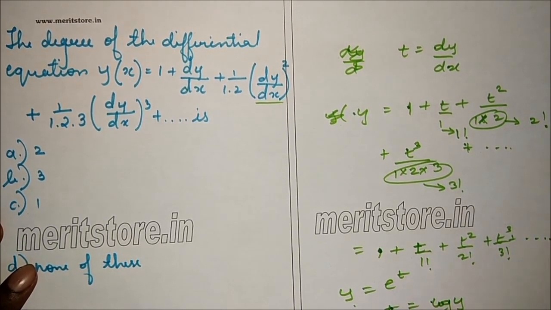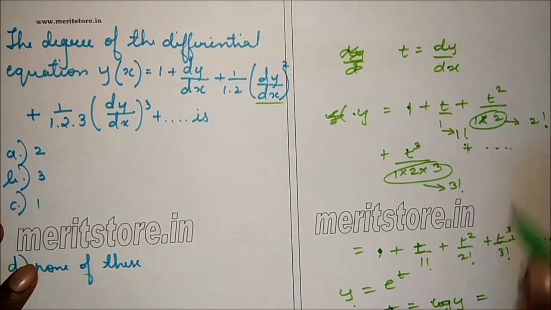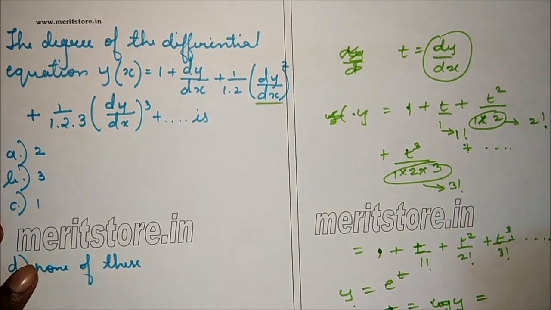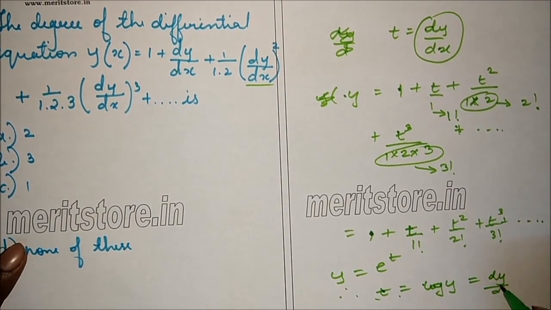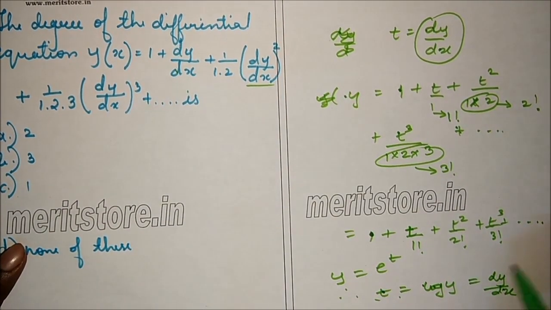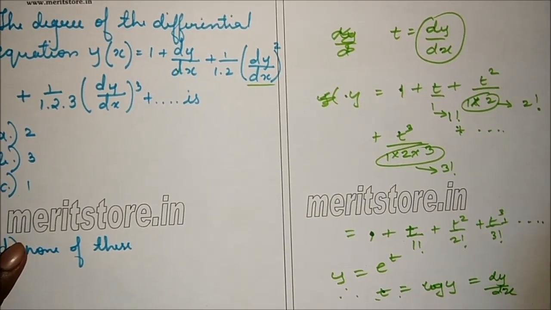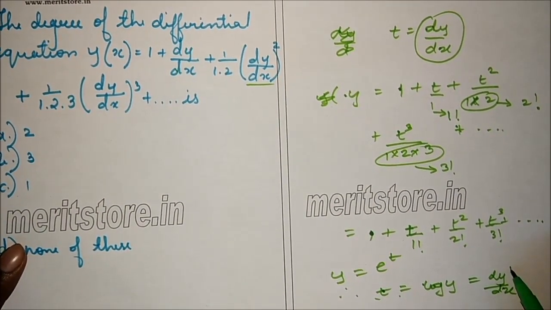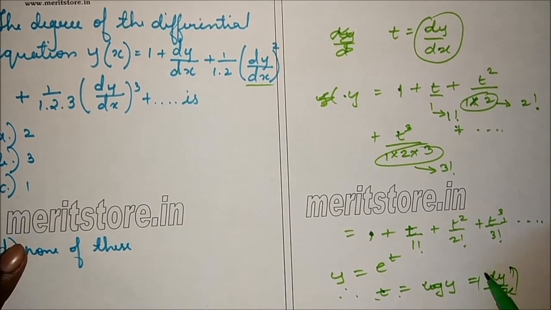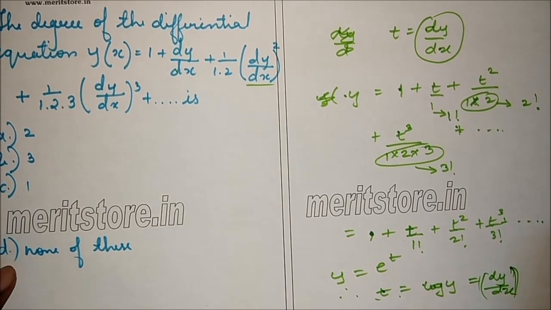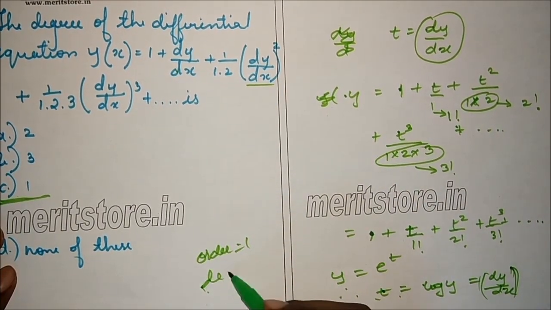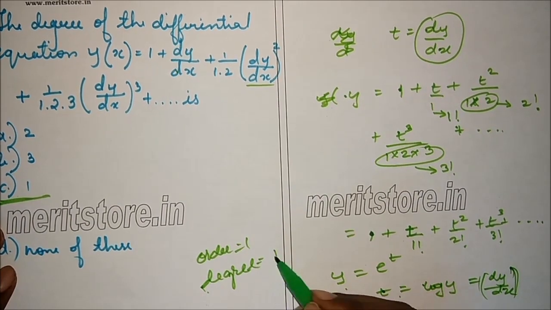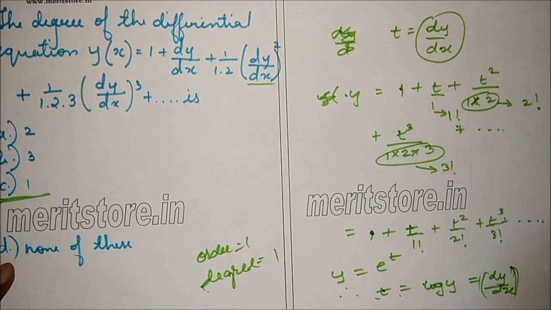Since t is log y, and t was dy/dx, log y must be equal to dy/dx. So here the highest order of the derivative is 1, and the power of this order is 1, so the degree is also 1. So order is 1, therefore degree is also 1, since the power of dy/dx is 1.